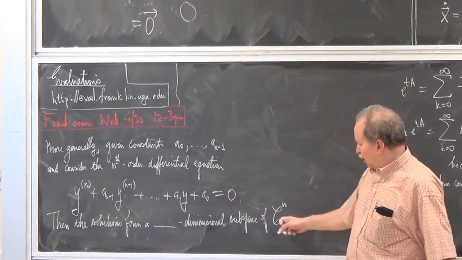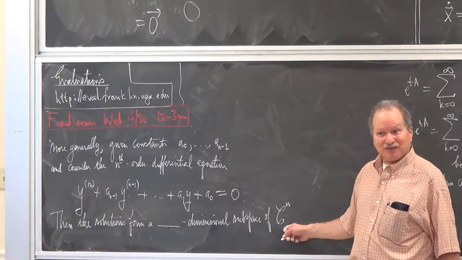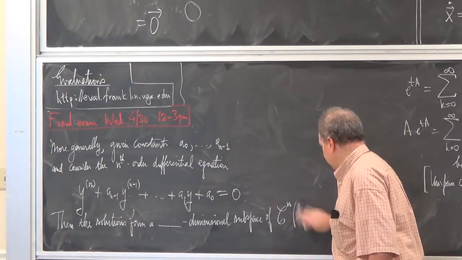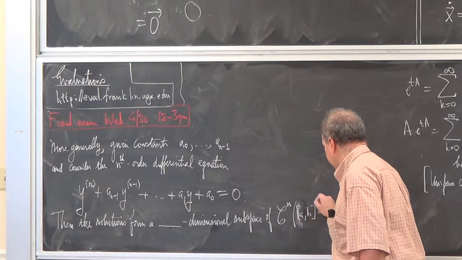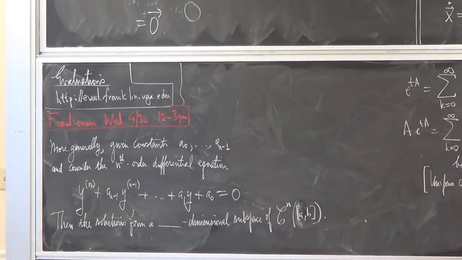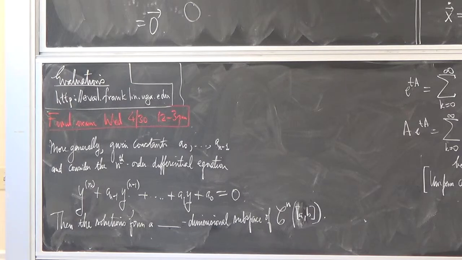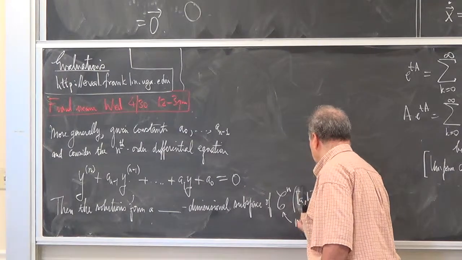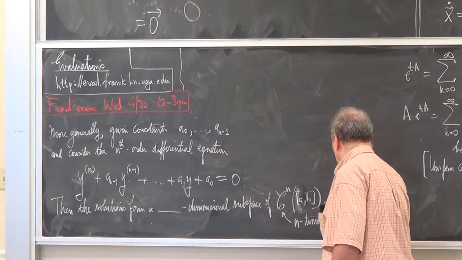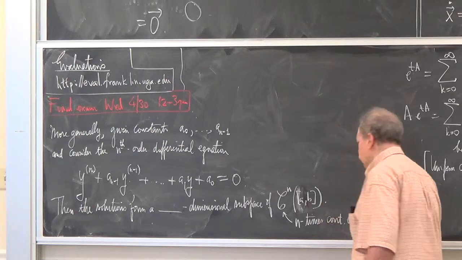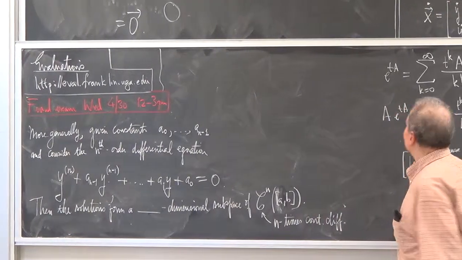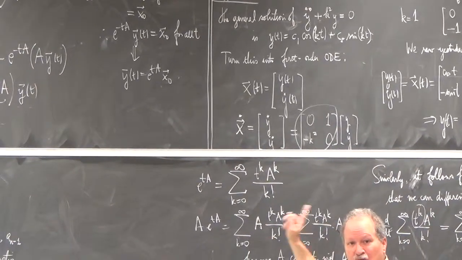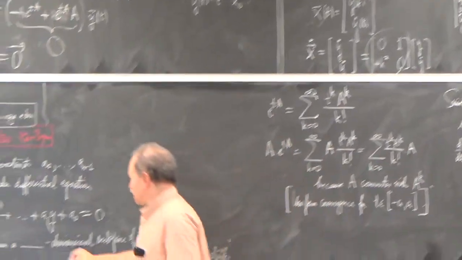C^n are the functions that are n times continuously differentiable, and we proved that that was a vector space, whatever interval you're on. Now what dimension do you think? How many degrees of freedom in the solutions? N, right? Here we had second order, 2 dimension. First order, 1 dimension. So surely this is n.